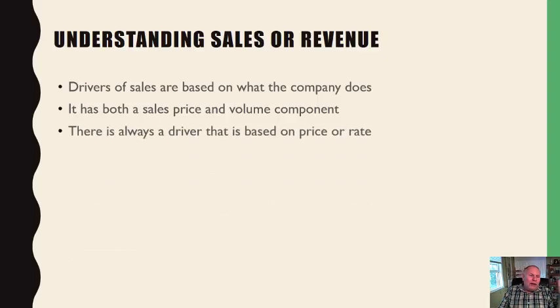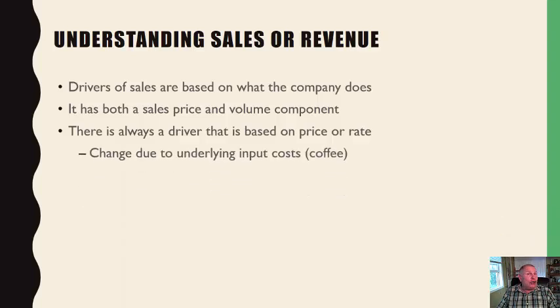So one of the drivers is always a price or a rate. Now, the price could change due to underlying input costs. If the price of raw coffee goes up, we're going to try to pass that through to our customer.